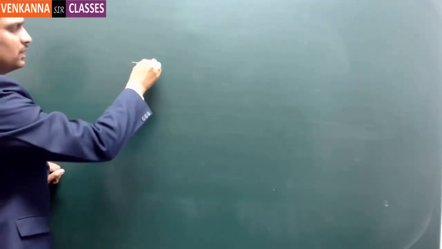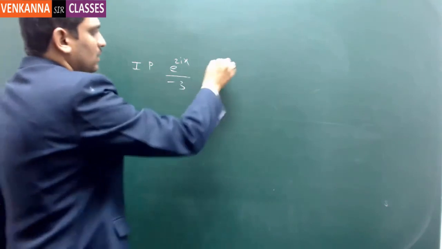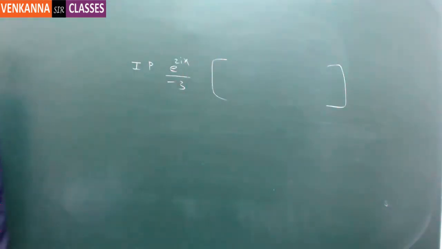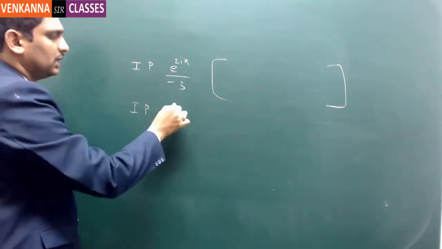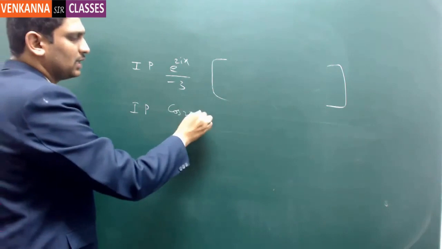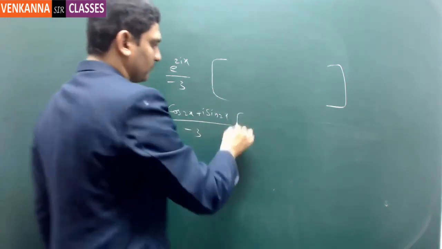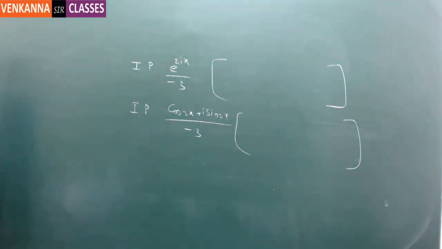So we have i.p. of e power 2ix by minus 3, the terms I have written on applying the expansion. Later, for the imaginary part, e power 2ix is nothing but cos 2x plus i sin 2x by minus 3, the terms on simplifying the expansion.